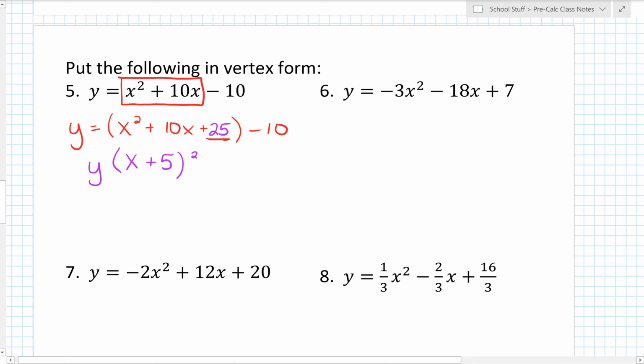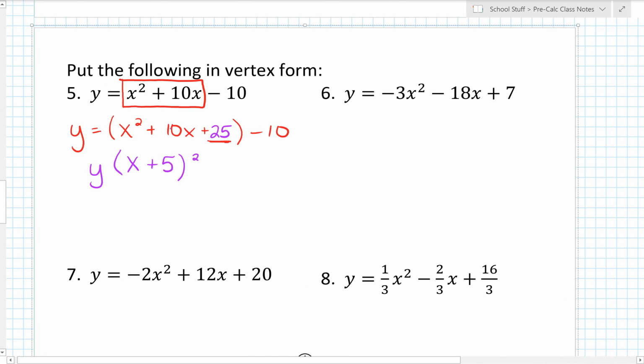But when I'm dealing with an equation, I have to be careful, and I have to make sure that I balance it out. This is no longer equal. What I've done is I put 25 in, so I'm going to have to take the 25 back out again. And that will leave me with y being equal to x plus 5 squared minus 35.